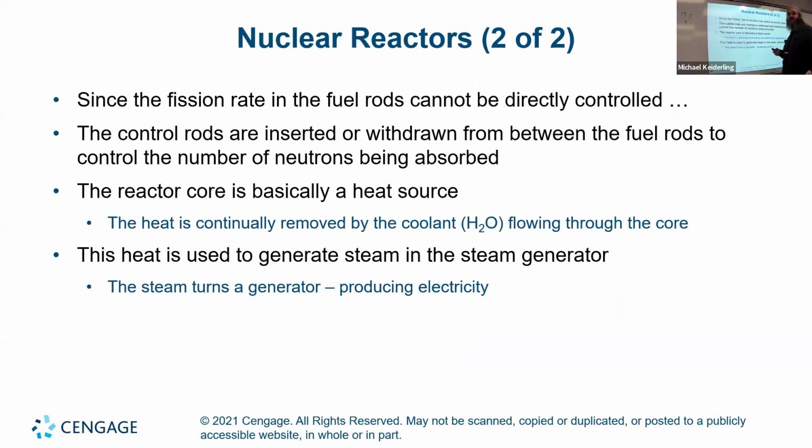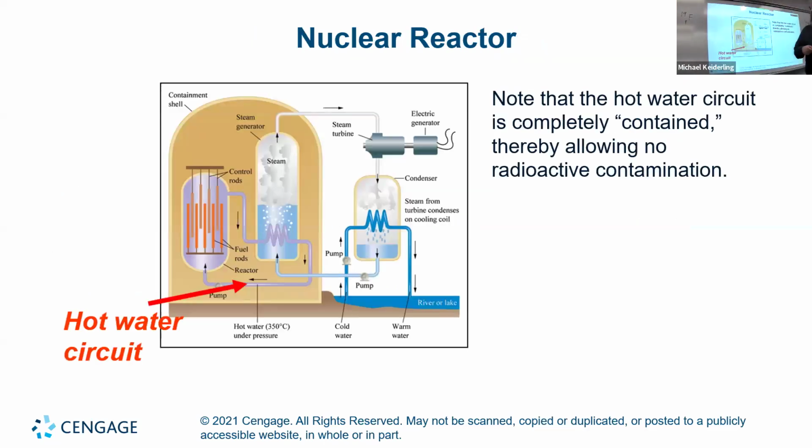The fission rate in the fuel rods cannot be directly controlled. The control rods are inserted or withdrawn to control the number of neutrons being absorbed. The reactor core is basically just a bunch of hot rods, spicy rocks. The heat is continually removed by the coolant flowing through the core, and this is used to generate steam in a steam generator, like a coal power plant or a gas power plant or many other power plants.